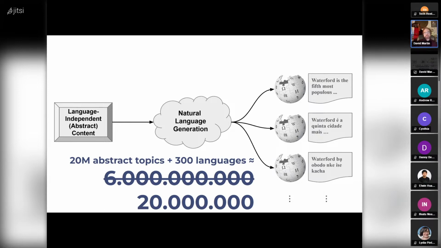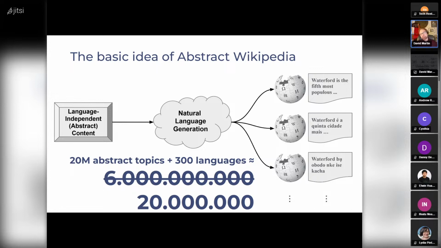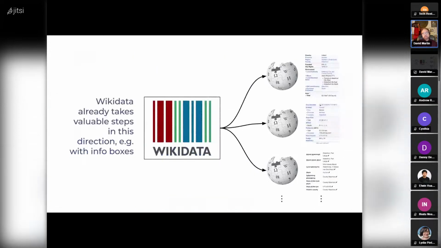In this way, in principle, the rough cost calculation could be reduced from 6 billion all the way down to 20 million, a reduction of more than 2 orders of magnitude. And this is the basic idea of Abstract Wikipedia.